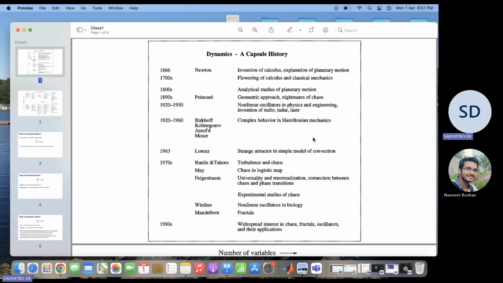And then he realized that these two initial conditions were nothing but separated by the machine precision, the error due to computational rounding off and all these things. So even when that happened, the solutions turned out to be very different after a point of time. And so he thought that he had trod upon something very interesting, and this is what we know by chaos.